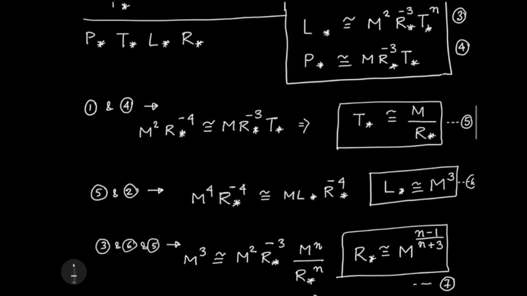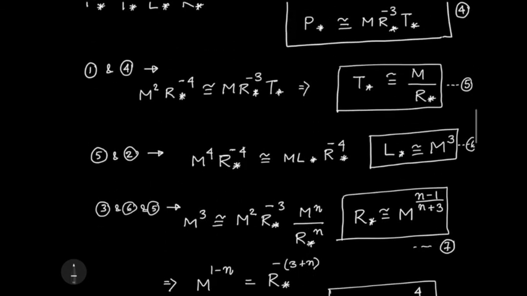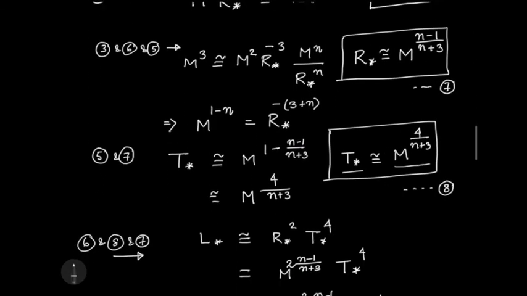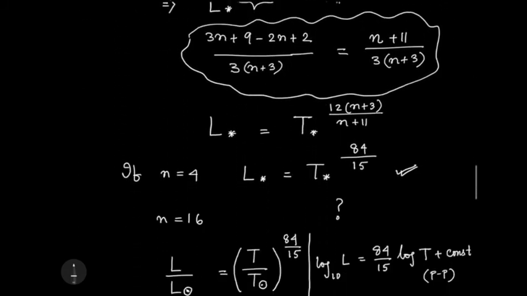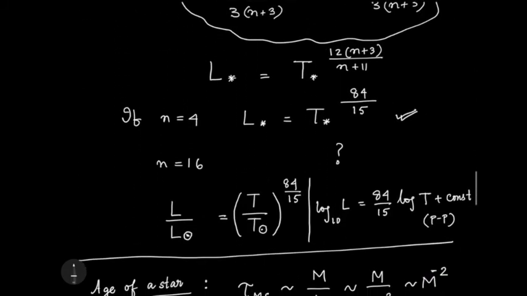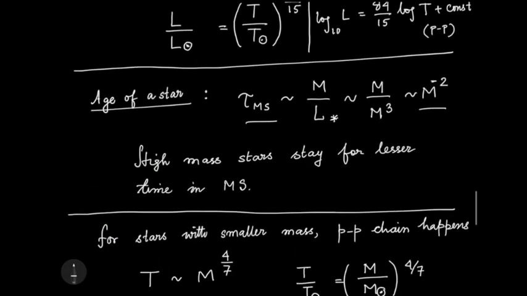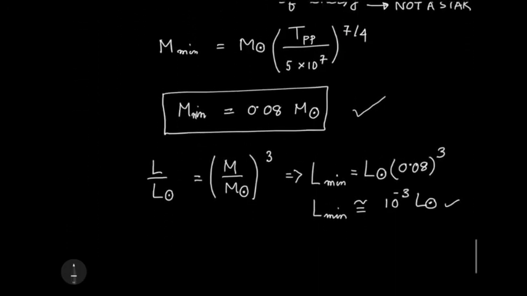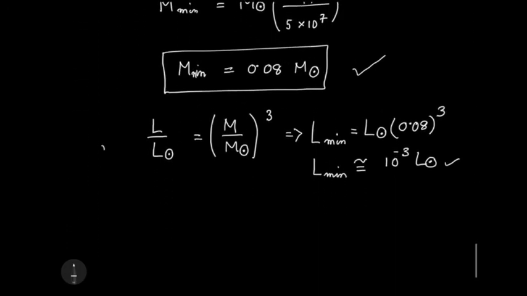And remember, I have not written all these expressions, equations 4, 5, 6, 7, 8, and so on. They can all be calibrated using the values for the sun. Like this is a calibration of the luminosity scale of all the stars in the PP chain using the value of the sun, the solar luminosity.